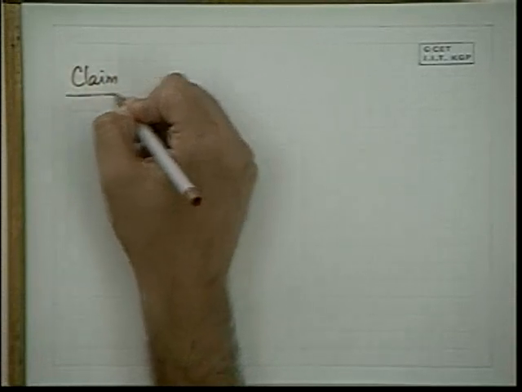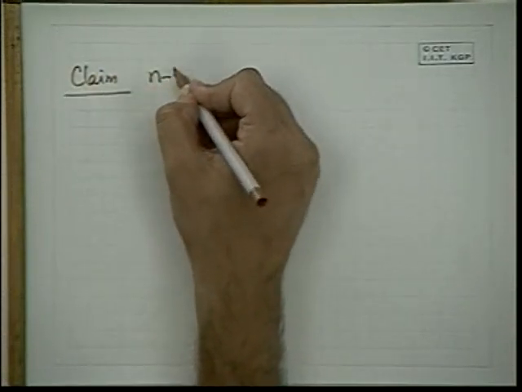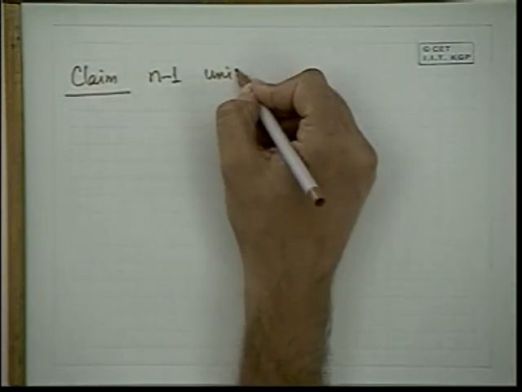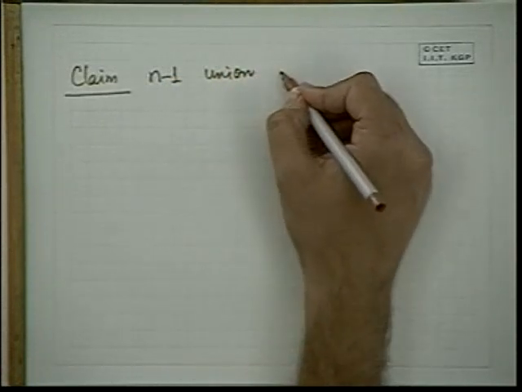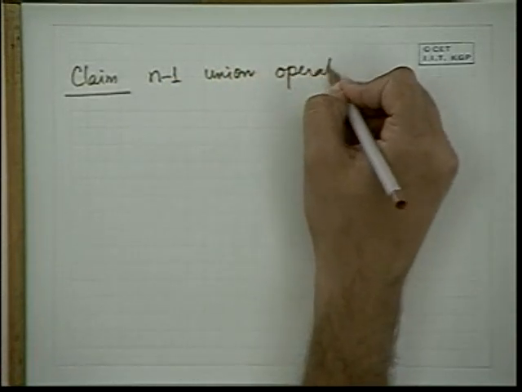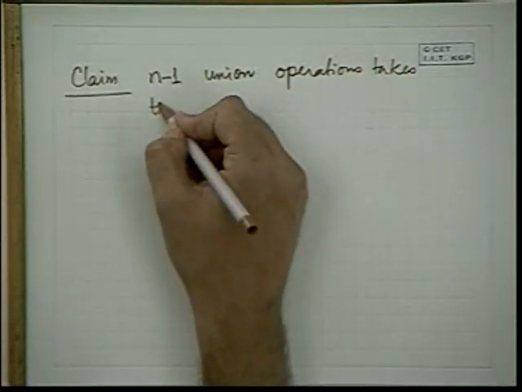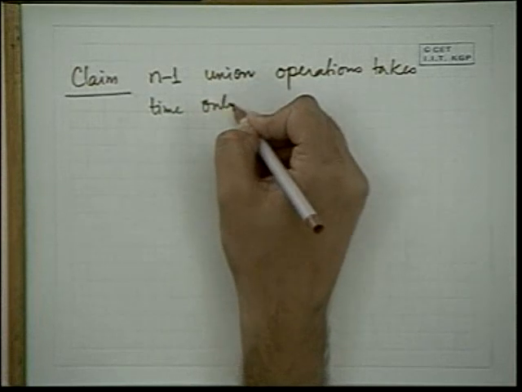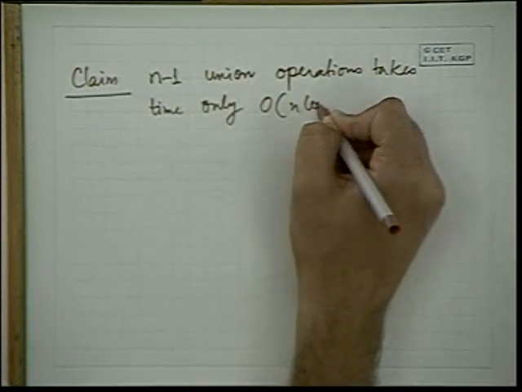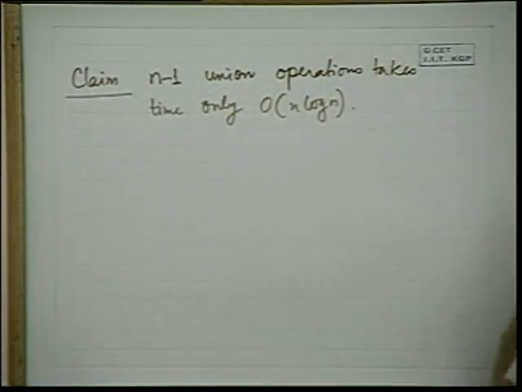So now we are claiming, suppose you do n minus 1 union or n union, it does not matter, n minus 1 union operations takes time only order n log n. See, if each union operation takes order n time, so n minus 1 operations, if we calculate by that rule, it should be order of n square.